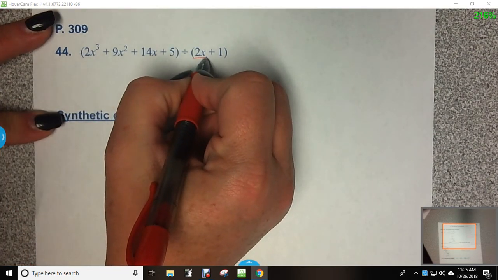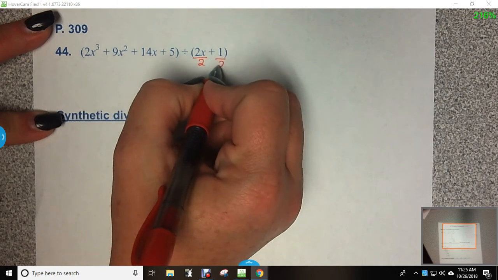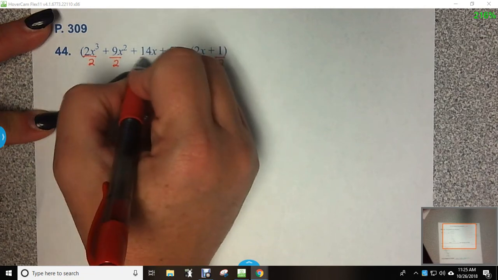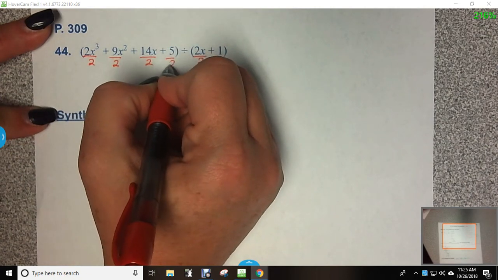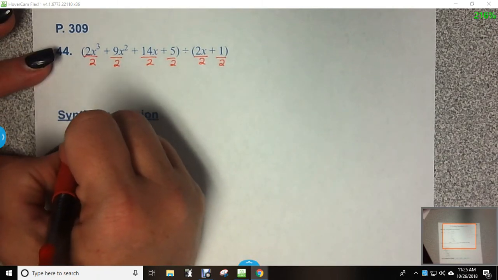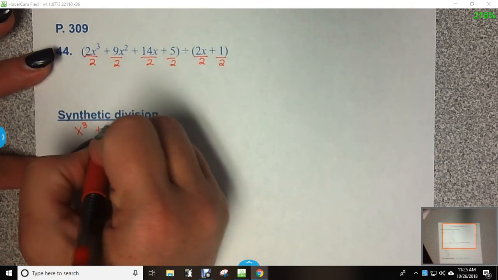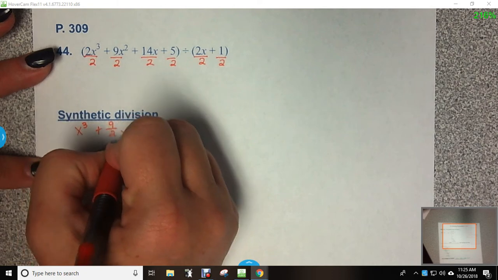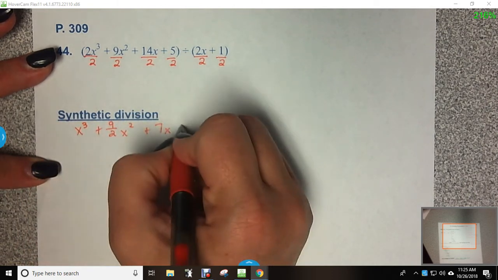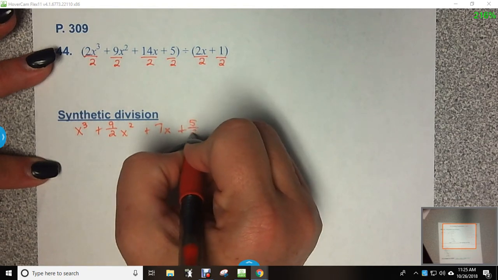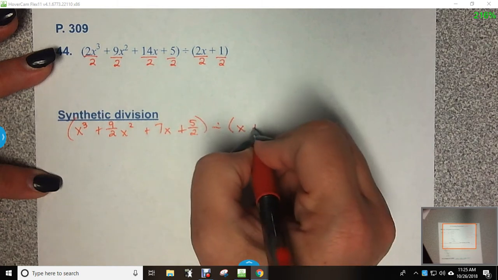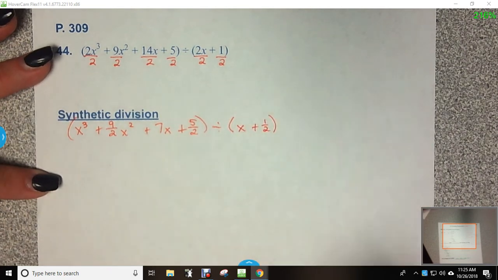Because this coefficient is a 2, I can divide every single term in the whole problem by 2. So then I end up with x cubed plus 9/2 x squared plus 7x plus 5/2 divided by x plus 1/2.